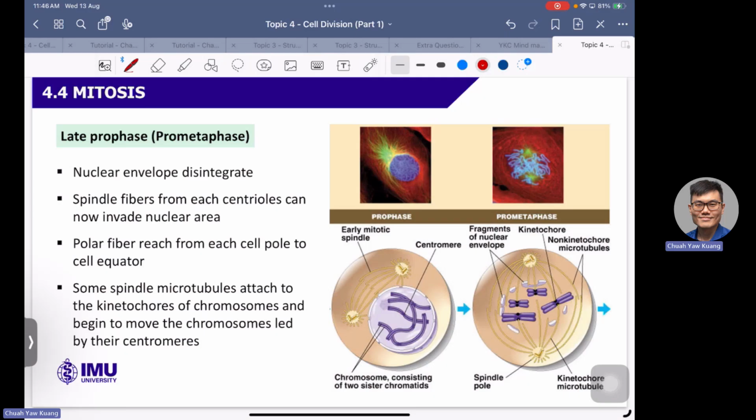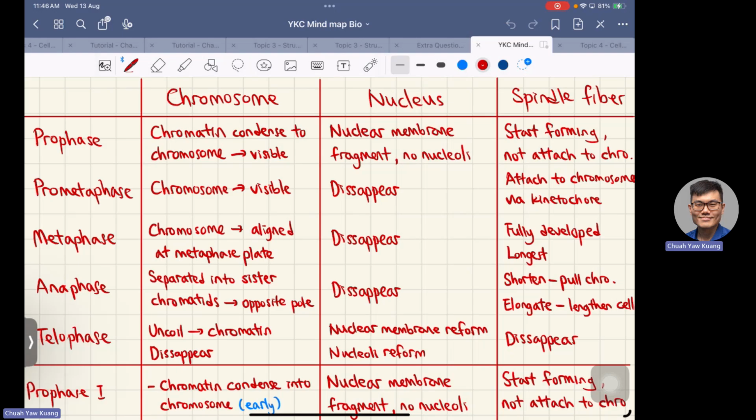Okay, so now it has become chromosomes. It's no longer chromatin. Over here, you still can see chromatin. This one no more. It has fully condensed, so it's very visible now. What about the nucleus? Disappeared. Disintegrated and disappeared. Then spindle fibers have fully formed and attached to the chromosome.